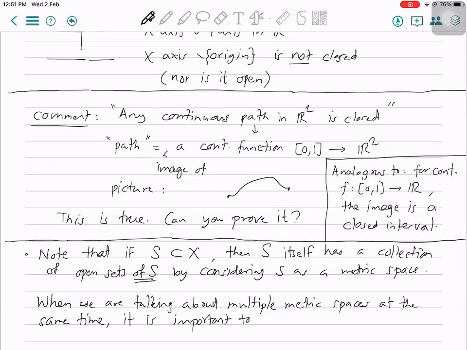It is important to specify the openness or closedness of a set in which space am I considering at the time?